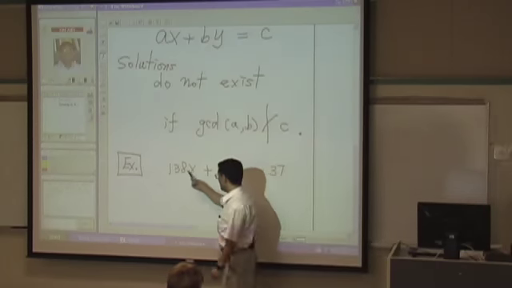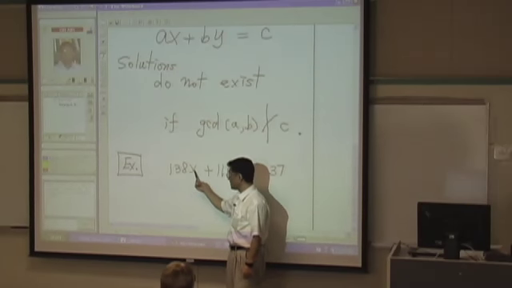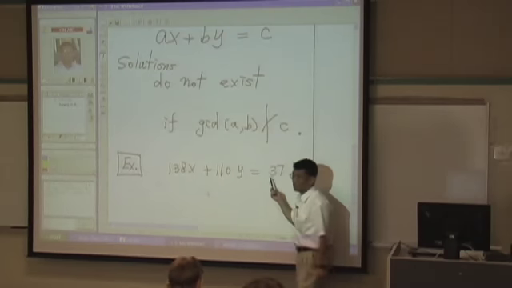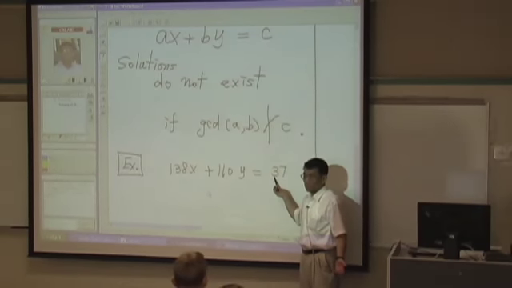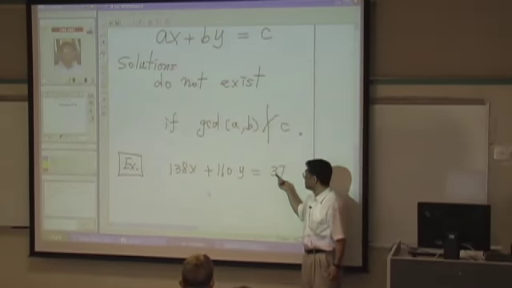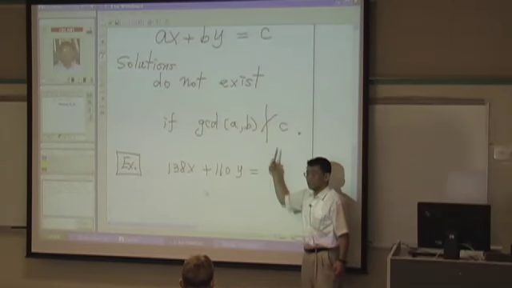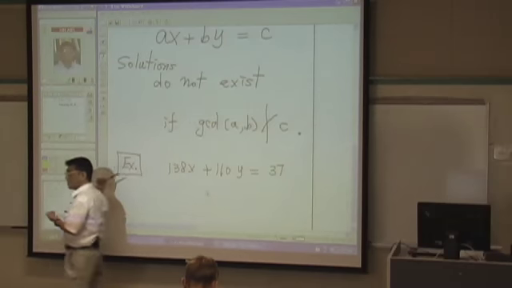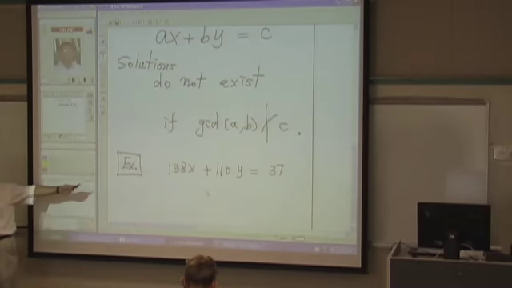No way. Why? Because an even number multiplied by something is even, right? An even number multiplied by any combination cannot give an odd number. Impossible, right? In other words, this should be a multiple of the GCD. So we exclude this kind of case. We don't have to waste any time considering this kind of problem having no solution.